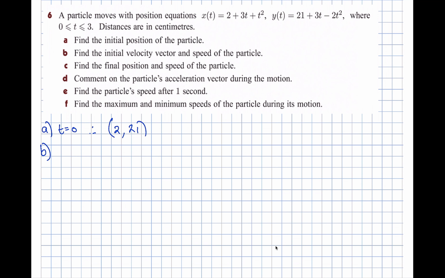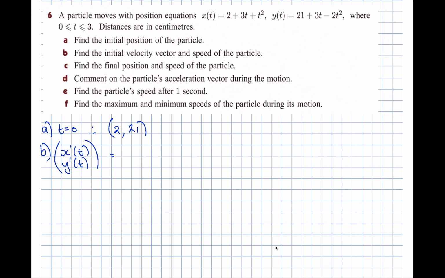Part B, the initial velocity vector and speed of the particle. If I want the velocity vector, I'm going to need to work out the derivative of those two. Really, that's the velocity vector, we just need to work it out.